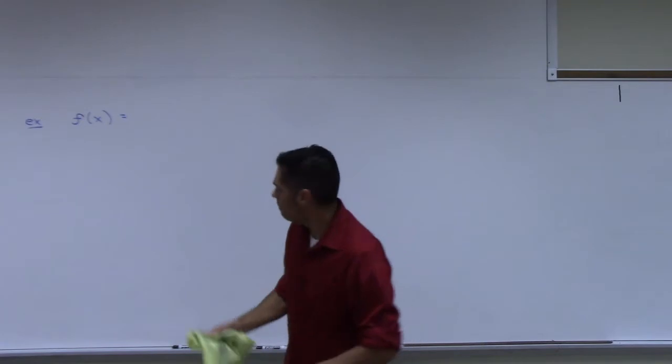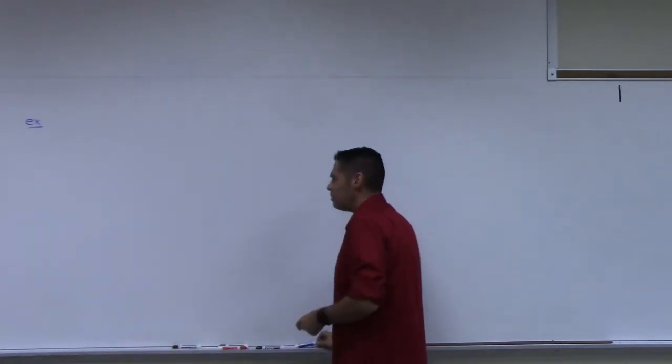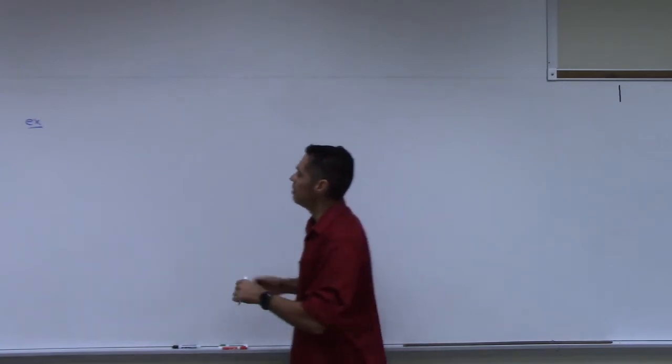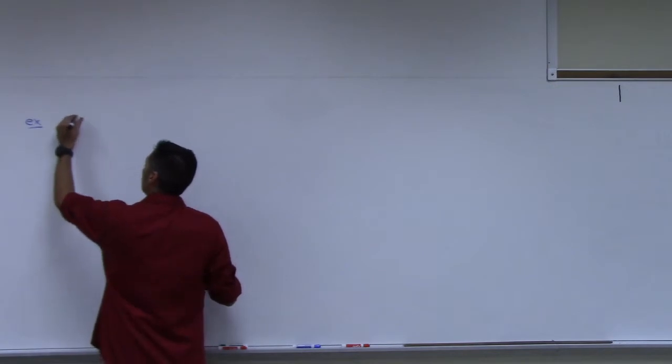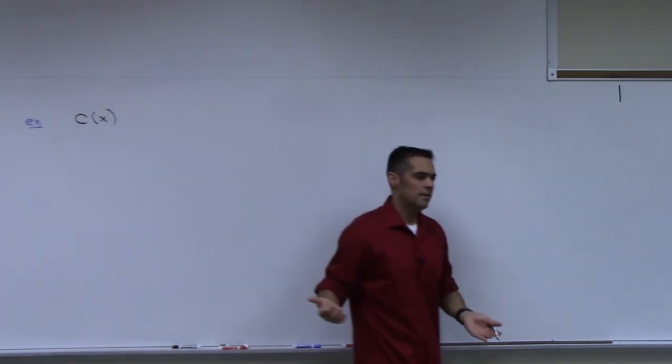Okay, next one. Let's use some different letters, okay? Because we've been using f of x, f of x, f of x. Let's do something like this. How about c of x, right? Cost function maybe, right?